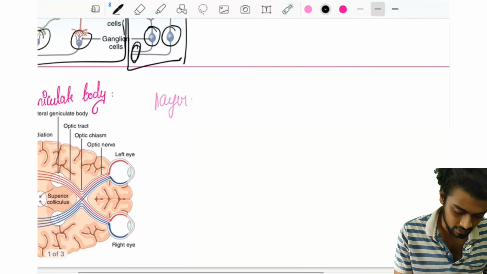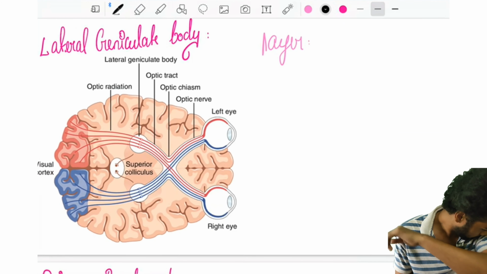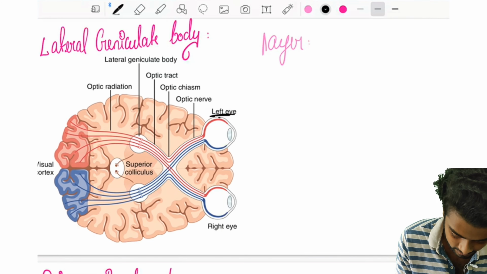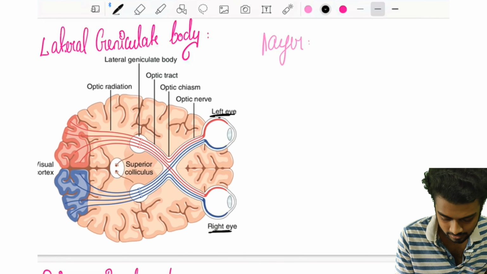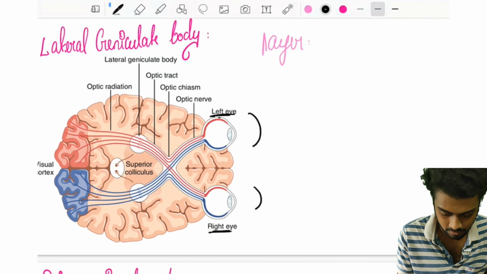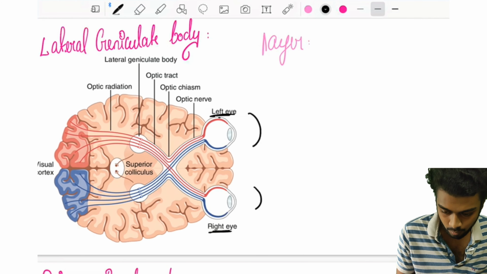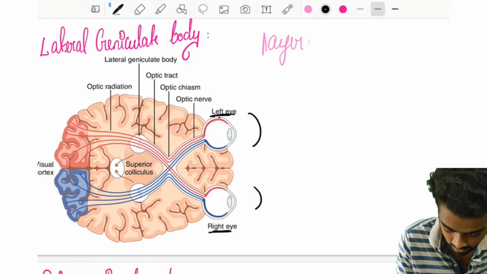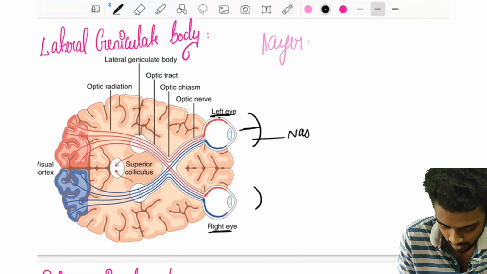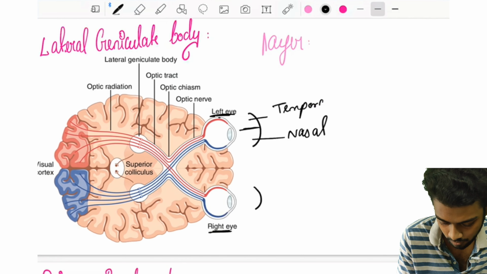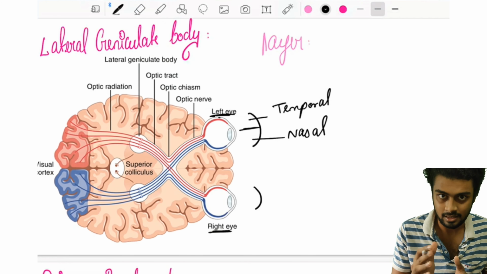Let me explain this. See, this is your left eye and this is your right eye. Okay, this is the visual field. While we divide the visual field into two, this is the nasal half of visual field and this is the temporal half of visual field. Here's the trick, guys. Listen carefully.